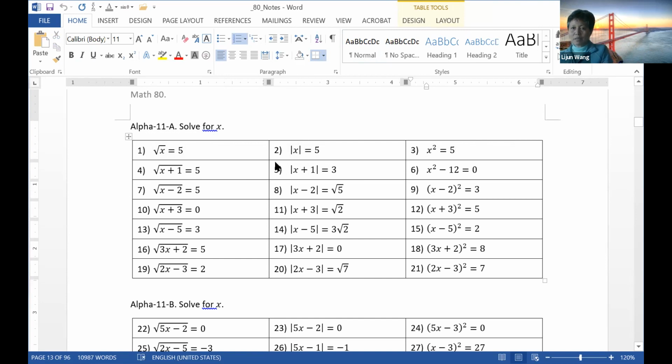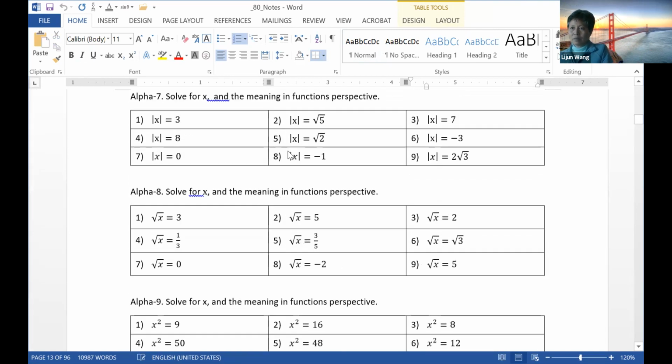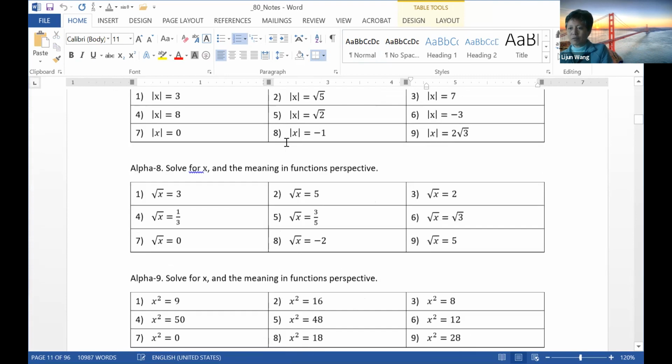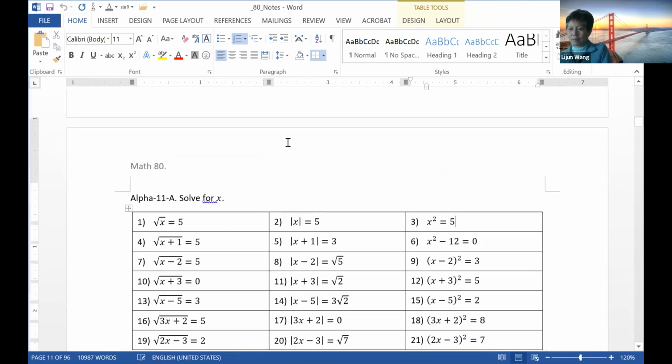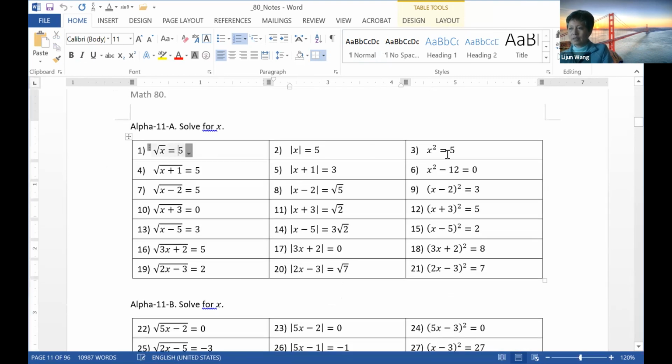Alpha 7, alpha 8, alpha 9. I switched the order, but for good reason. What happens here? Here, that if statement, this x, what I'm going to do is give you another screen.